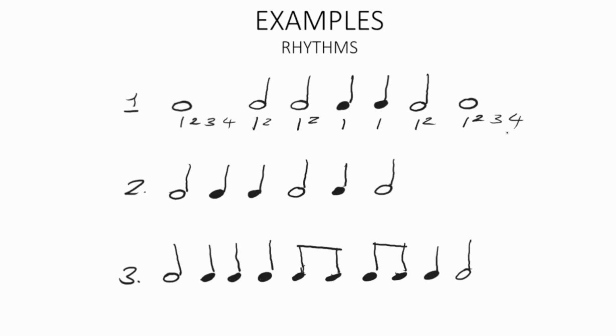I'll clap and count so that you hear. 1, 2, 3, 4. 1, 2, 1, 2, 1, 1, 1, 2, 1, 2, 3, 4. I hope that's clear. The second one now, you don't have to always be marking the beats that this is 2, this is 1. They have to be clearly known.